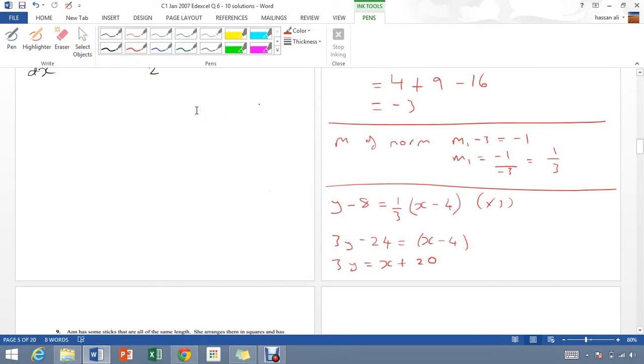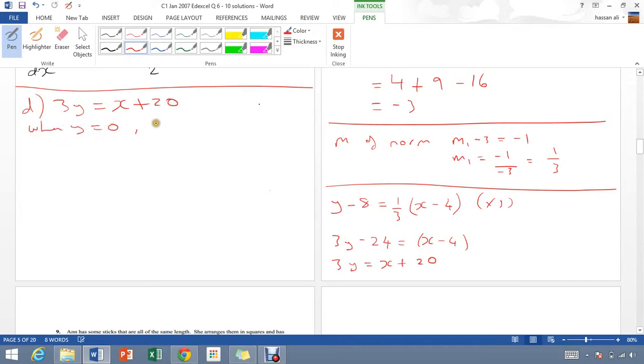Right, so part D is asking you to find the length PQ. Since 3y equals x plus 20, remember when y equals 0, your x will equal minus 20. In other words, you have 0 equals x plus 20, and if you take that 20 across, it becomes minus 20.